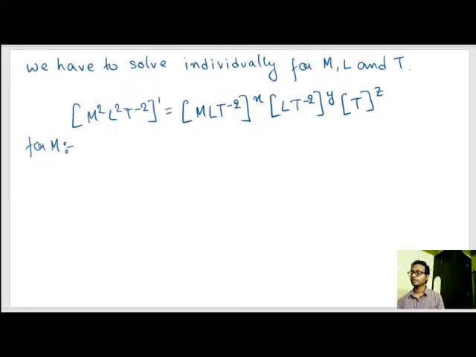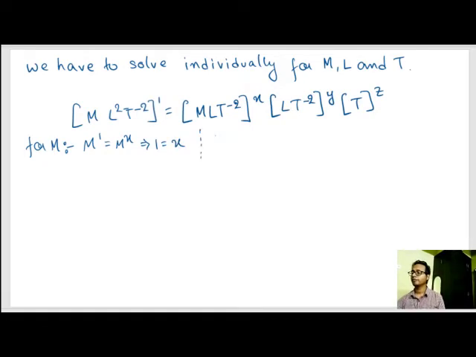Just omit this one. For M, M to the power 1 is equal to M to the power x into nothing. So M to the power 1 is equal to M to the power x, or 1 is equal to x.